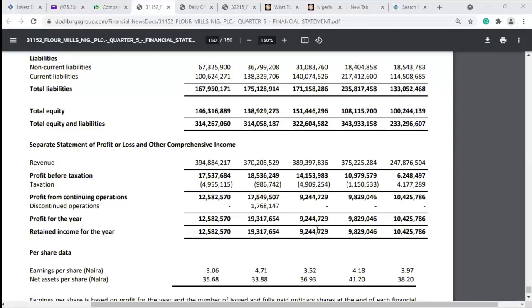Ambrose. Hello. What's your take on Japaul? Japaul, I said earlier in this forum that it is just a sentiment-moving stock for now. Even with all the expected extraction of gold and all those things, the process of getting there requires federal government and state documentation before we see impact. If you look at the numbers they released for the full year, even the debt is more than the top line.